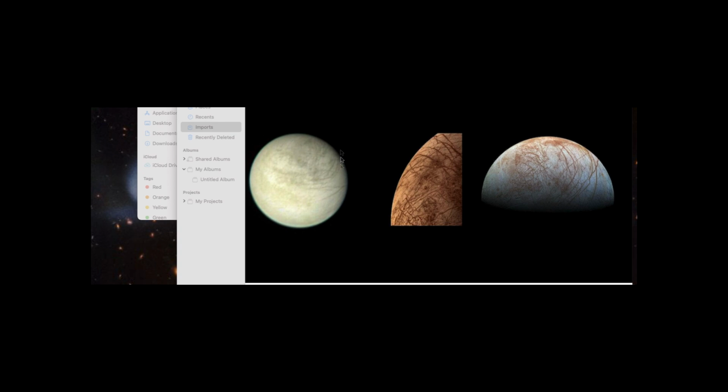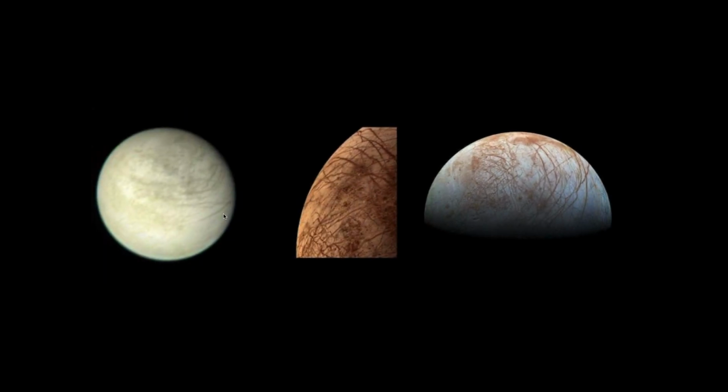Some other snapshots of Europa would look like. And we're looking at some pics taken around 2014 and 2016.